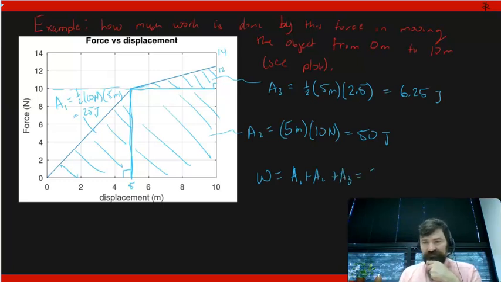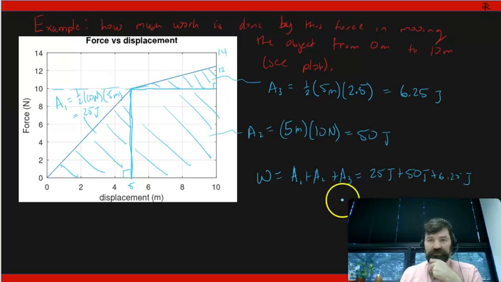That should be 25 joules plus 50 joules plus 6.25 joules, and so our total work in this case is 81.25 joules. Now, if you're keeping track of significant figures, you would notice that there's no way you have so many significant figures off of this graph. Probably you could get about 2, so we might call this about 81 joules worth of work.